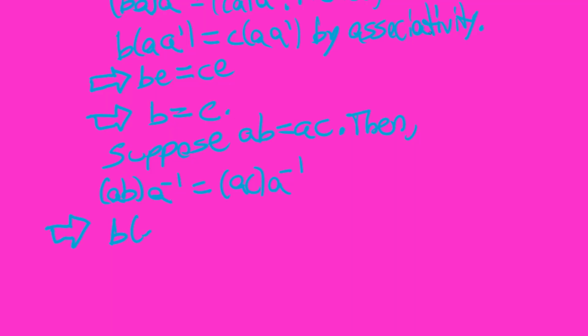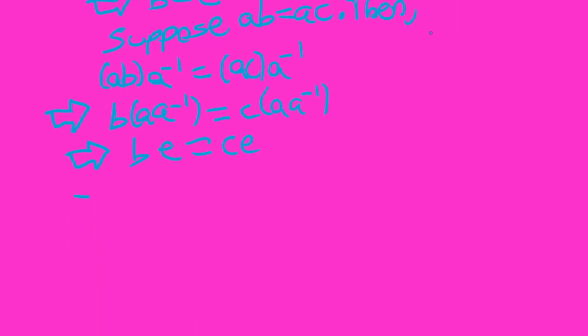Then we can use associativity again to pair A and its inverse together, which will give us BE equals CE, which implies that B equals C as desired.